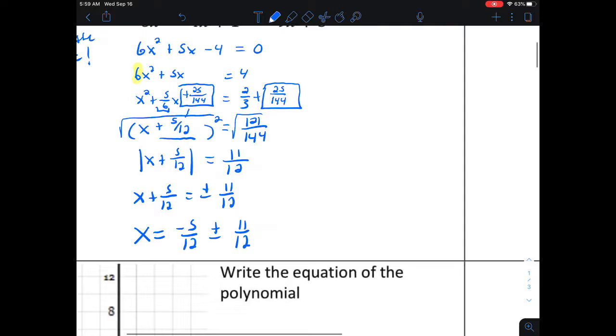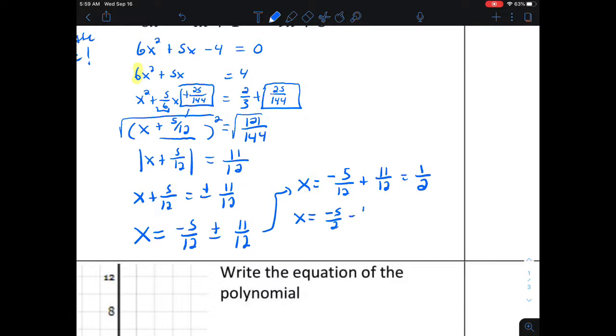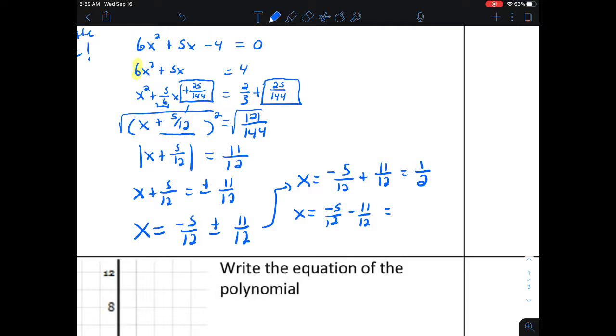Well, notice we don't have radicals here, so I actually lied at the beginning of the problem. This was factorable because we're going to get two real solutions for x. We're going to get negative 5 over 12 plus 11/12, which is going to be 1/2. And the other solution for x would be negative 5 over 12 minus 11 over 12, which is negative 16 over 12, negative 4 over 3.